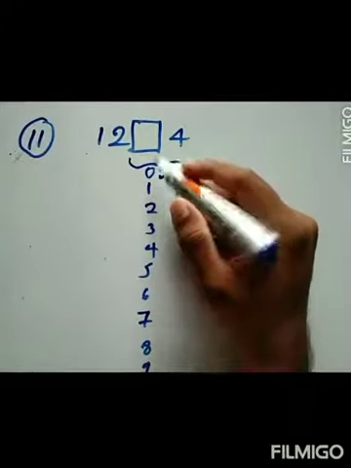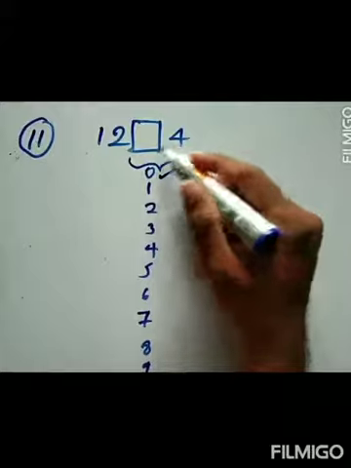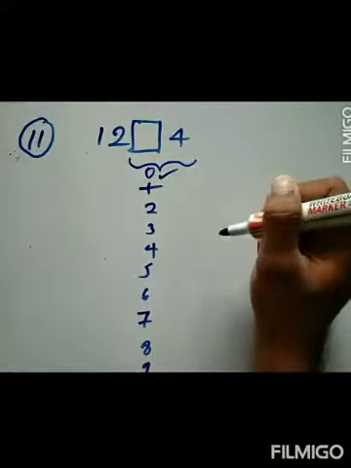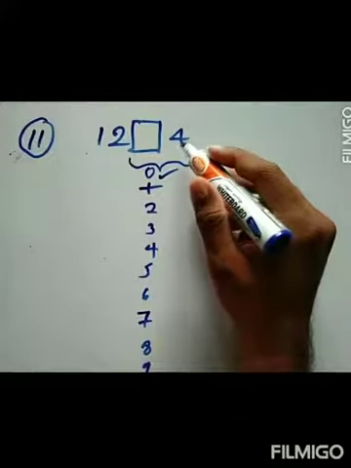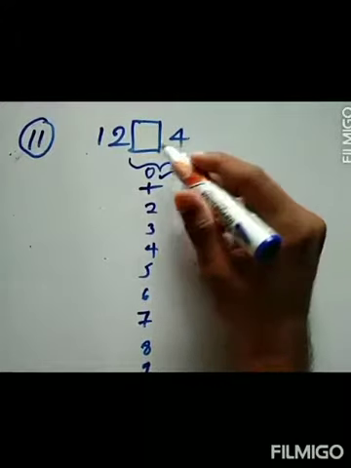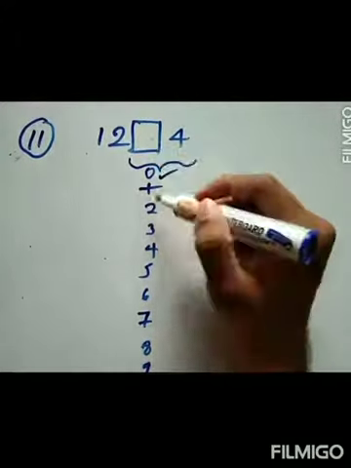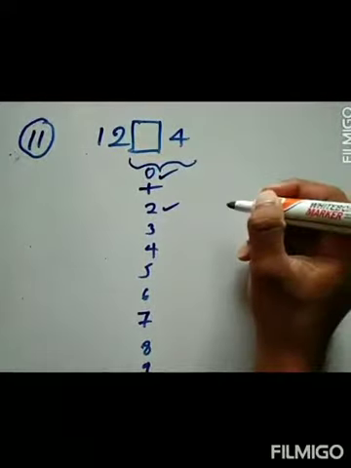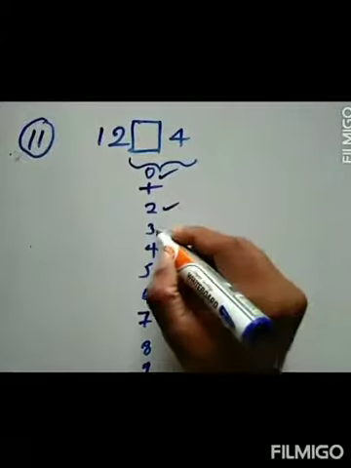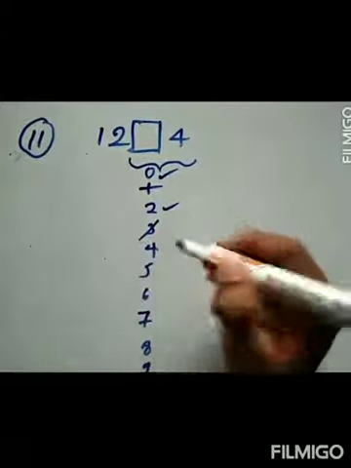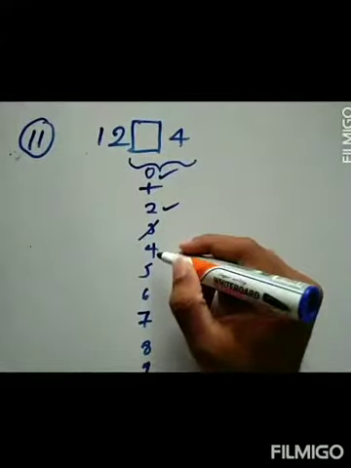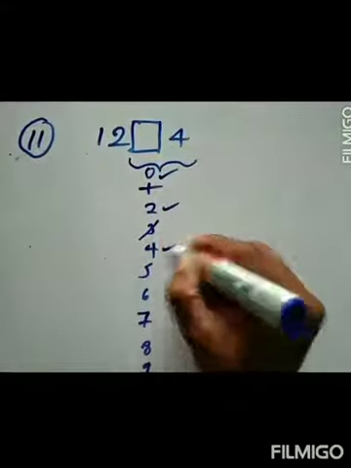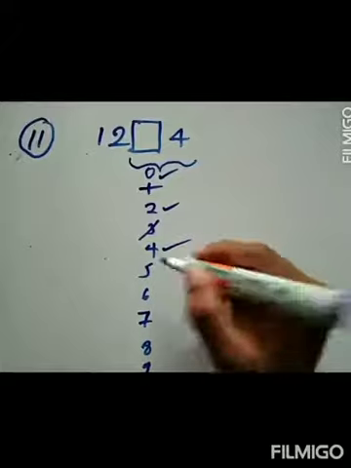If you consider 1, you can't put 1 here because 14 is not divisible by 4, therefore it gets cancelled. Then if I consider 2, 24, yes, 24 is divisible by 4, therefore this is also correct. If you consider 3, 34, no, it's not divisible by 4. So if you consider 4, 44 is divisible by 4, then you can take 4 also.